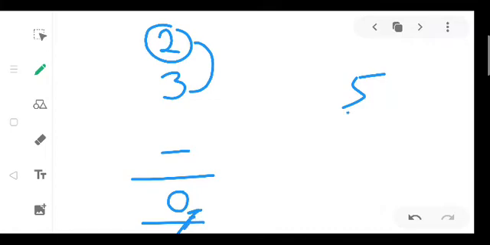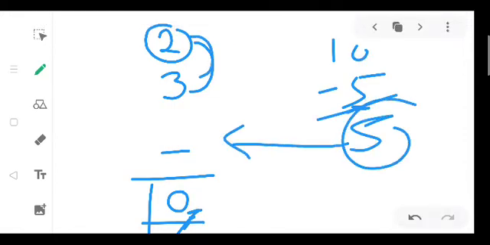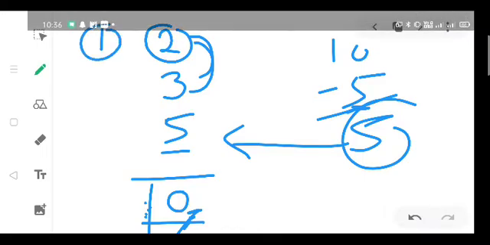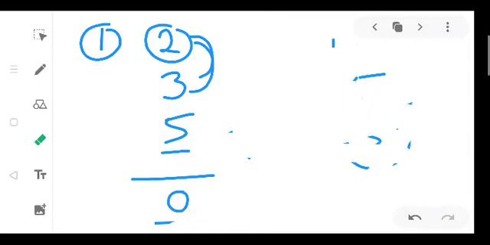No. It should be greater than 5, so it is 10. 10 minus this 5, so blank area, what is the answer? 5 here. And this one will be carried to leg place. We will not write here because at one place we will write only one digit.